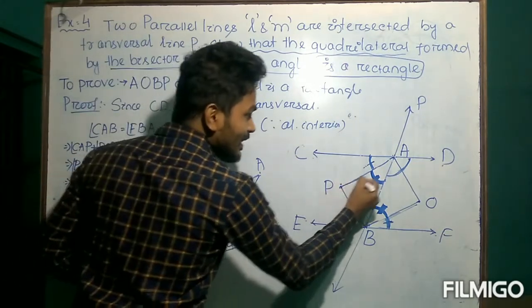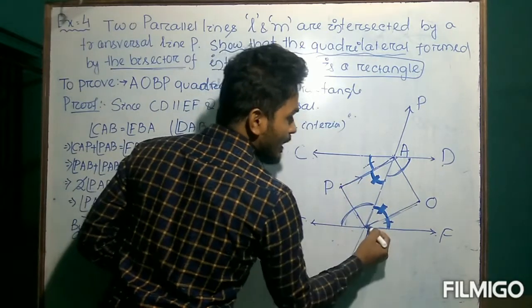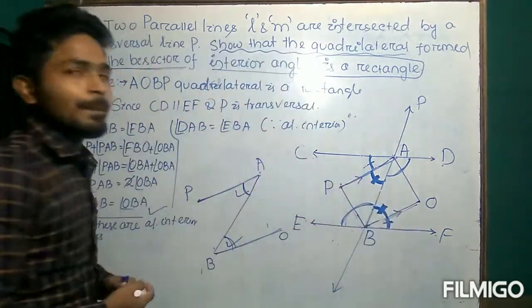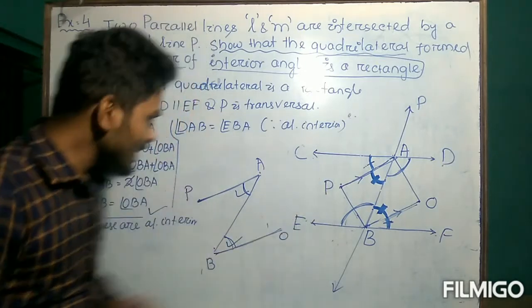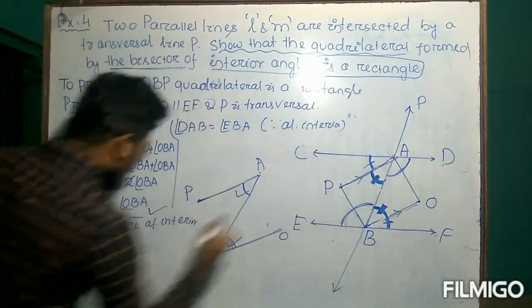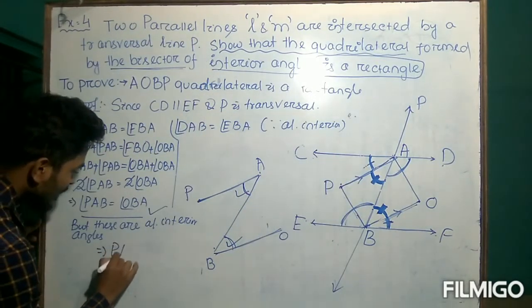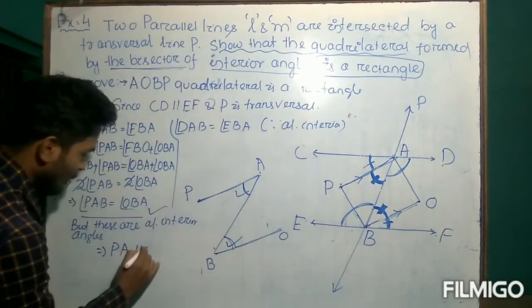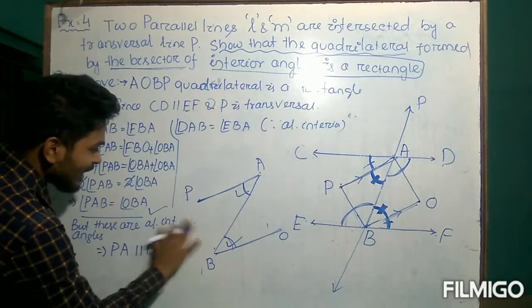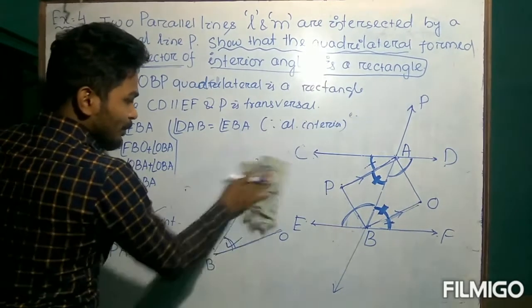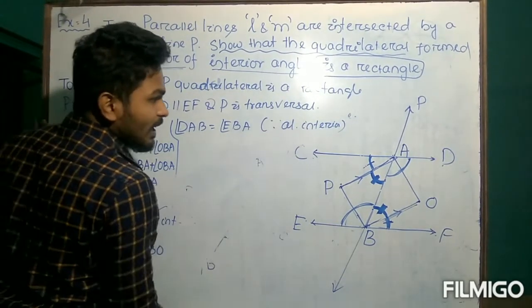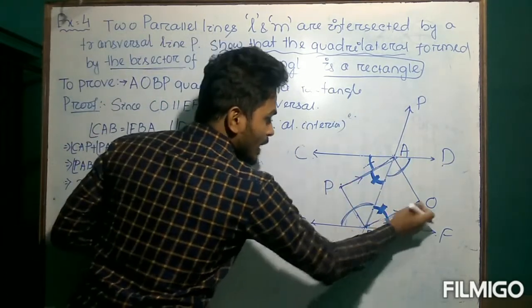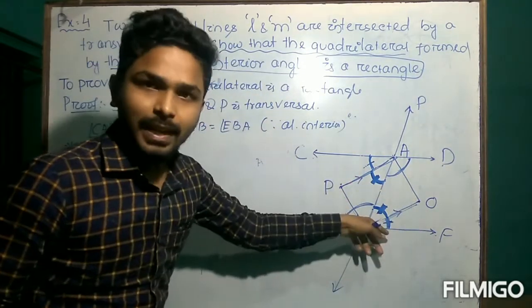That means this line PA is parallel to this line BO. Is it clear? So we can simply write PA is parallel to BO. Is it clear now? So we have proved for this quadrilateral that this side is parallel to this side. These two are opposite sides.